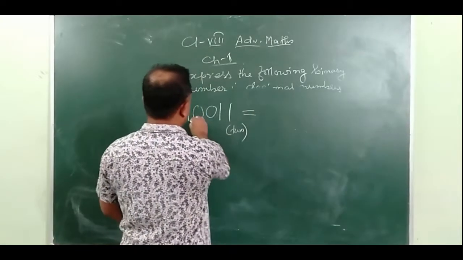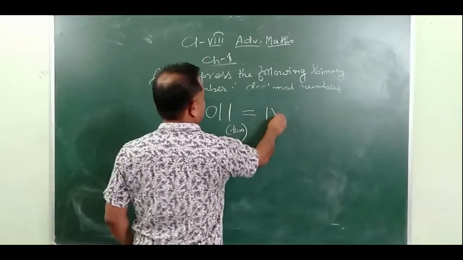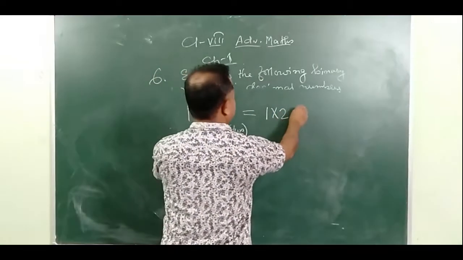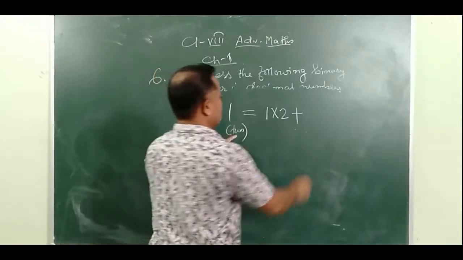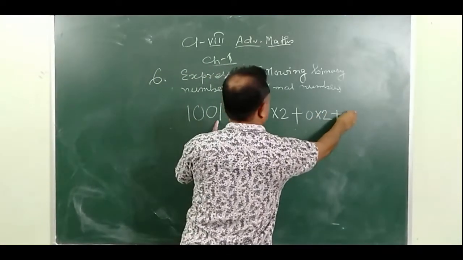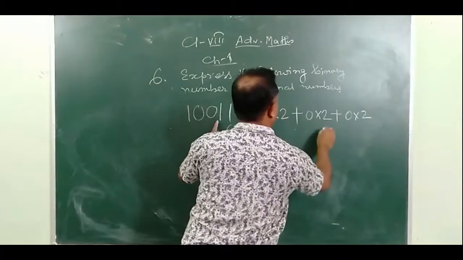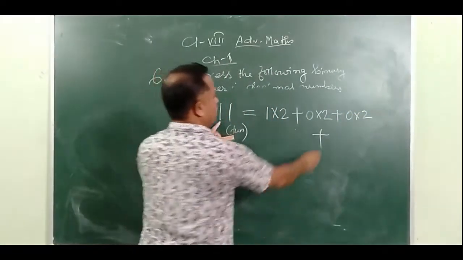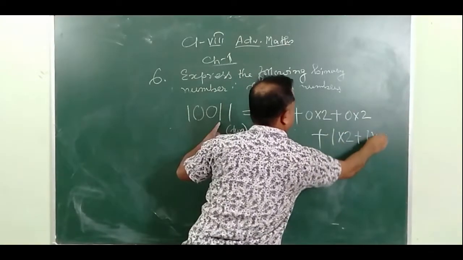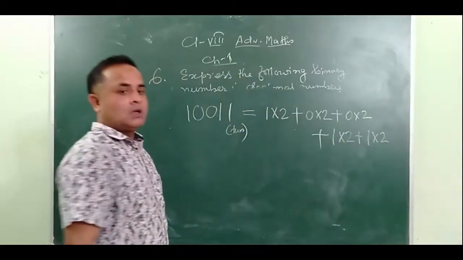So what will it be? 1 multiplied by base 2, plus 0 multiplied by base 2, plus 0 multiplied by base 2, plus 1 multiplied by base 2, plus 1 multiplied by base 2.